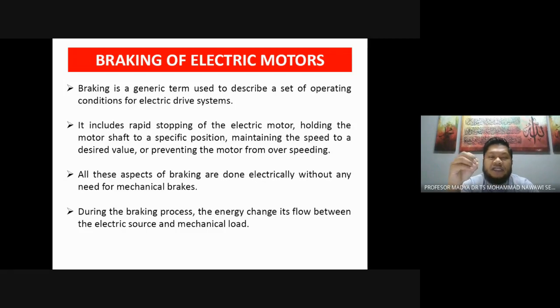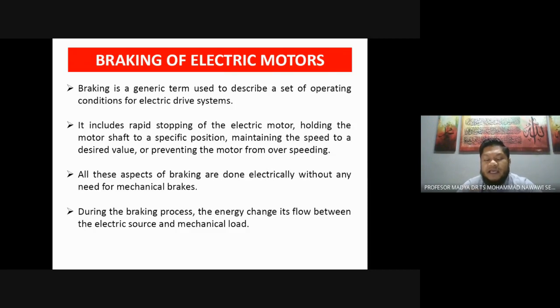Or you want to hold the motor shaft at a specific position, for example. Because probably there is a slope in the application, so you want to stop the motor at any position. So that also uses the braking. You want to hold something at a specific position, or you want to maintain the speed at a desired value.